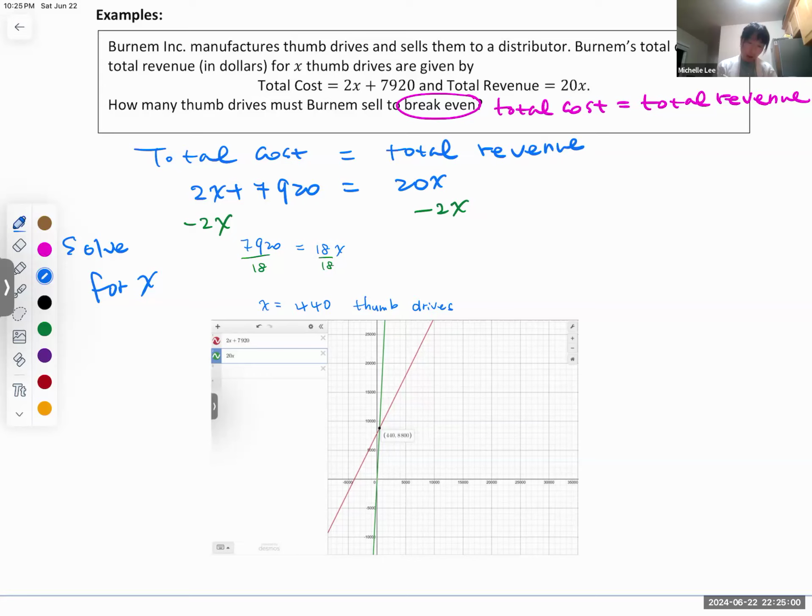So this is a break even. And after this point, they have a profit here. Before that, they're losing money, right? Is it okay with you?